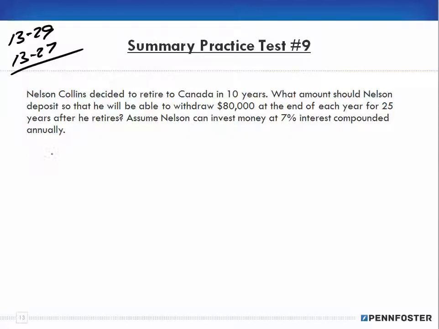So I'm just going to work through the problem instead of talking a lot about the theory. I want to know how much he needs to invest today. He's going to retire in 10 years, and then over the course of the next 25 years, he wants to be able to withdraw $80,000 at the end of each year. The interest rate is 7%.